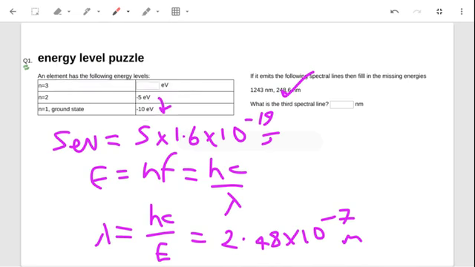The next thing is to look at what's missing, which is this wavelength here. So I'm going to take a little bit of a shortcut. If I multiply the first wavelength times 5, that will get me to roughly the second wavelength.